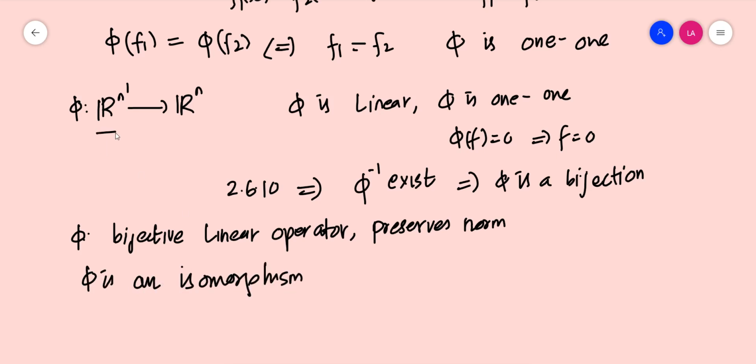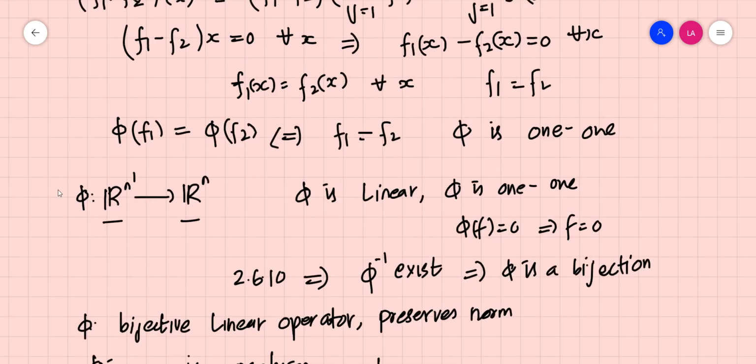So the two spaces, Rn dash, which is the dual of Rn, is isomorphic to Rn. That is, the dual of Rn is actually Rn itself. Okay, so this is the proof for the dual.